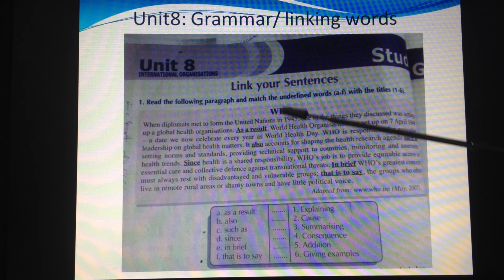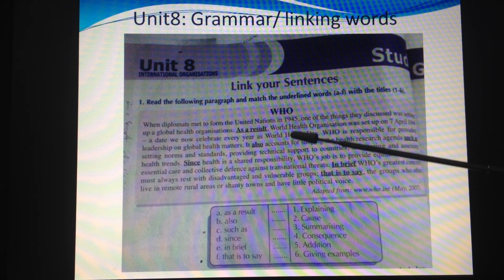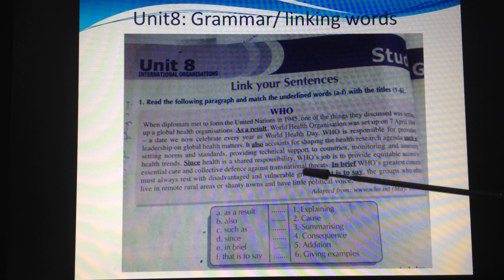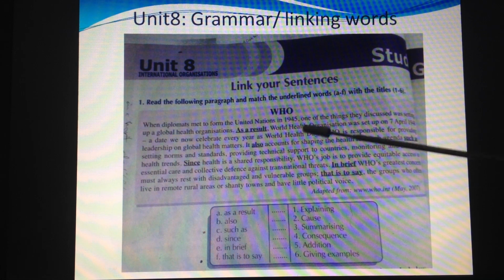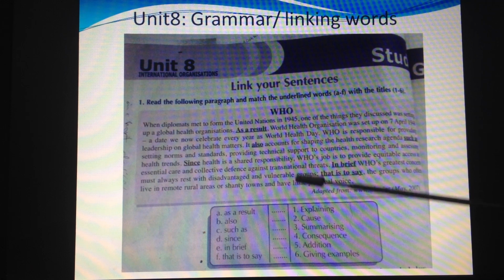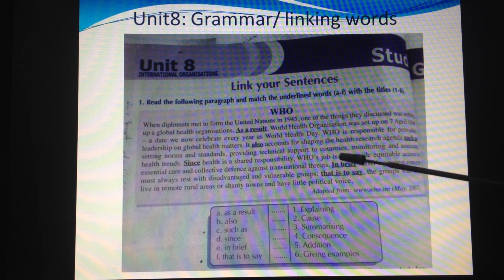So in Unit 8 we have a short paragraph here. It's about World Health Organization. Yeah, I really advise you to read this. This is a very informative text nowadays, especially this time of COVID-19 crisis. You really need to read this text. So read this text and look at the connectors that are used in this paragraph.